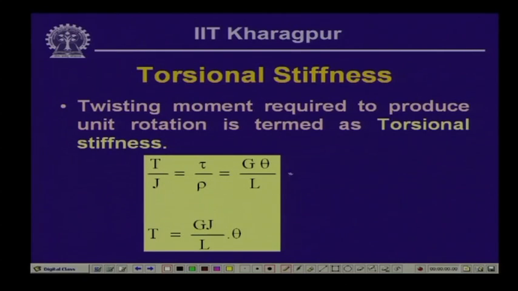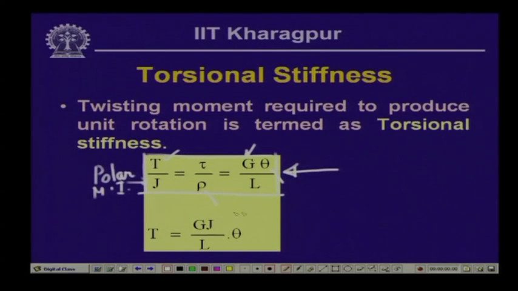This is the expression which we had derived, which we call T by J equals tau by rho equals G theta by L. If you remember, T is the twisting moment, J we had termed as polar moment of inertia, tau is the shearing stress, rho is the radius at any point from the center of the cross section, G is the shear modulus, theta is the rotation, and L is the length of the bar. So, this is the expression which we call the torsion formula.